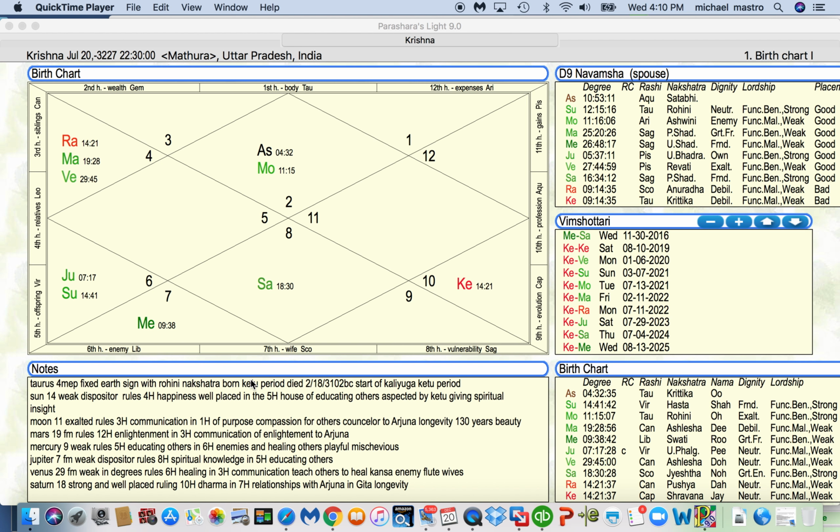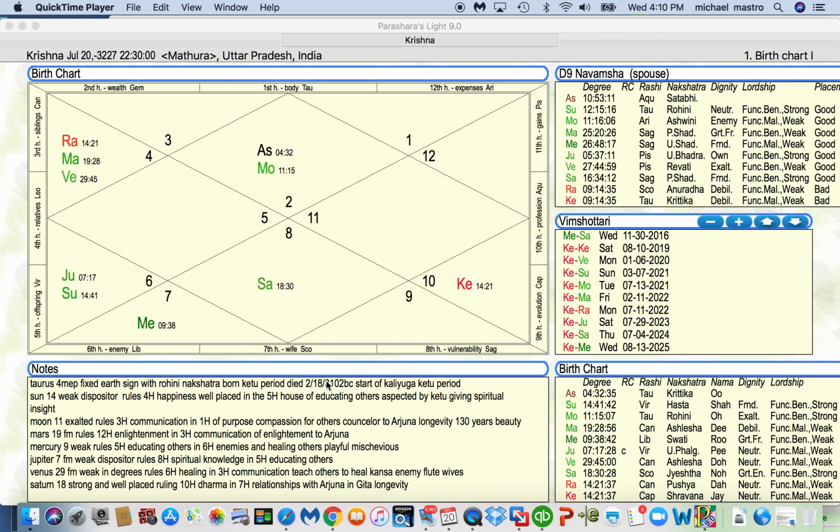He was born in a K2 period, very spiritual period, and he passed away or ascended on February 18th, 3102 BC, which is also a K2 period, very spiritual, which is the start of Kali Yuga.